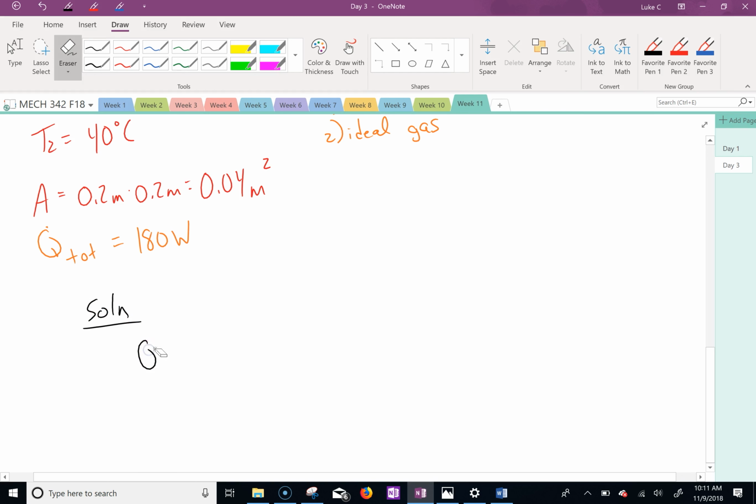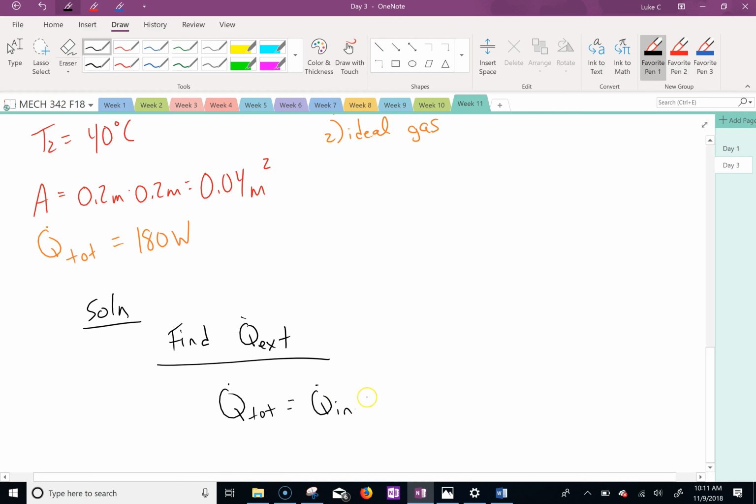So we're going to find Q dot exit, and that comes from this. The total dissipated energy is split up into going into the air, and the other goes out to the surroundings.